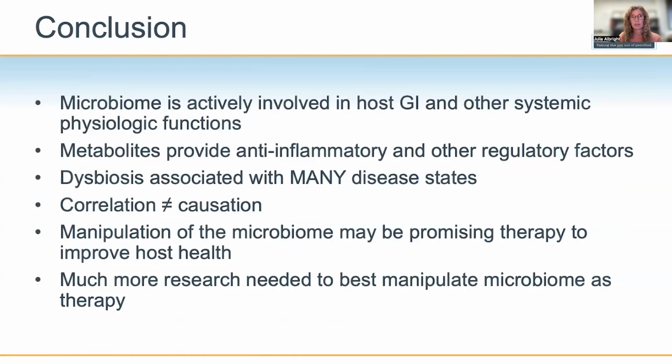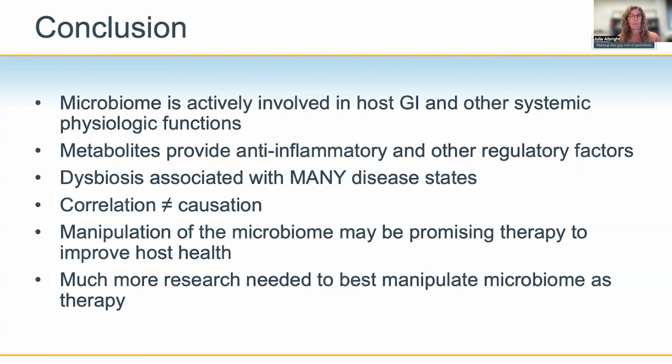So in conclusion, the microbiome is actively involved in host GI and other systemic physiologic functions. Metabolites provide anti-inflammatory and other regulatory factors. Dysbiosis is associated with many disease states in the host, but we have to be careful about assuming causation.